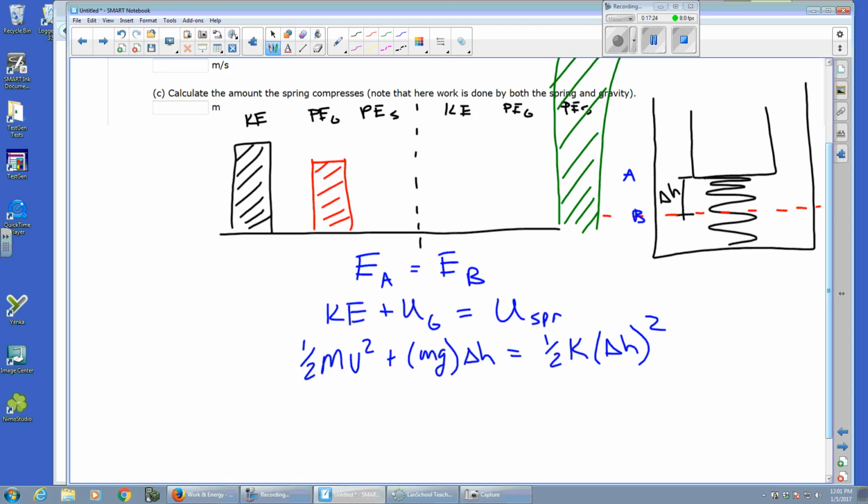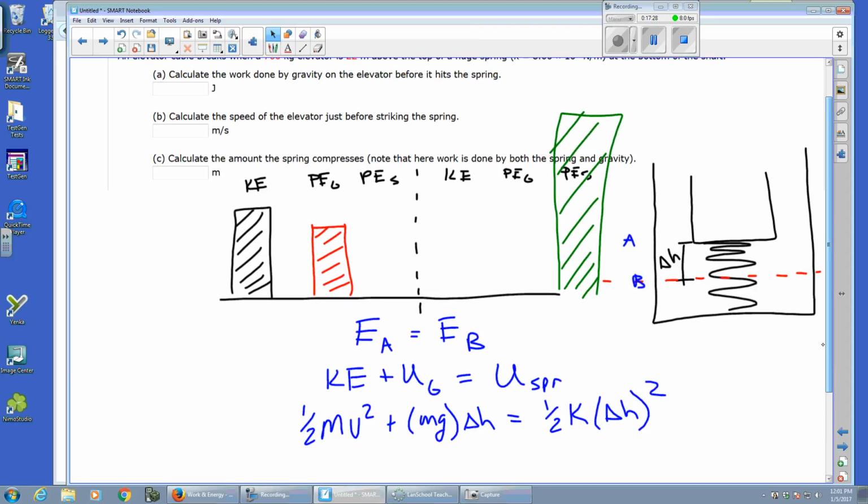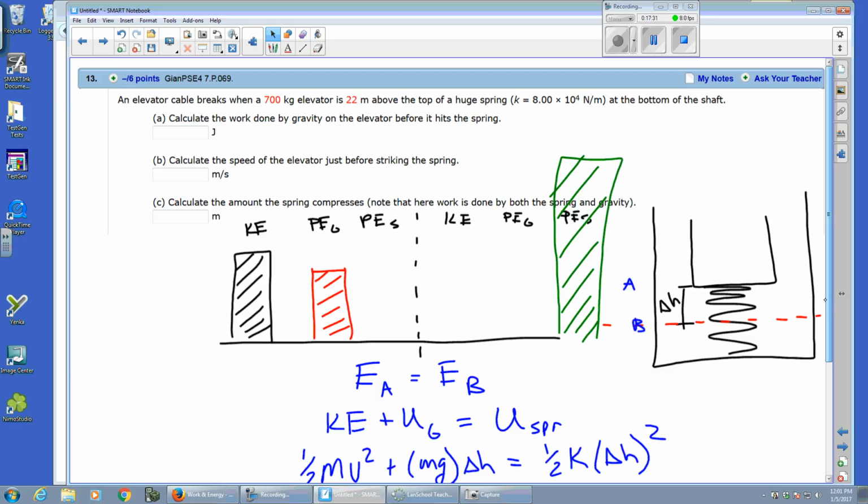You know m, you know g, you know v because you did part B, and you know k. The only thing you don't know is delta h. It's a quadratic, but that's not a problem, right?